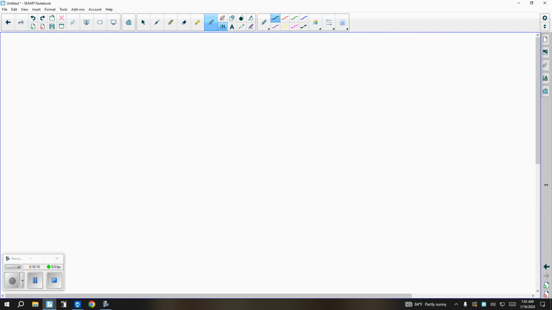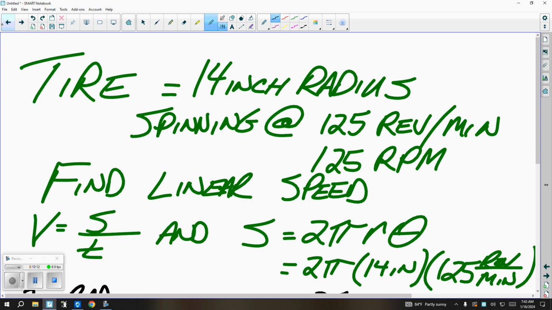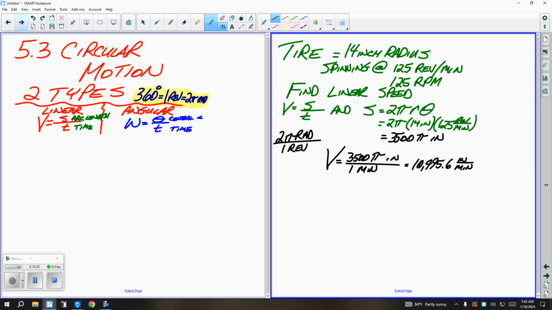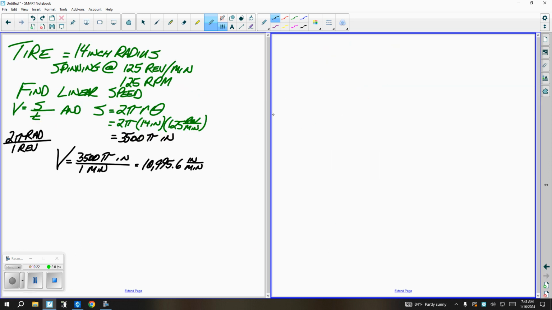Same thing: 14-inch radius, 125 revolutions per minute. Let's now figure out the angular speed.